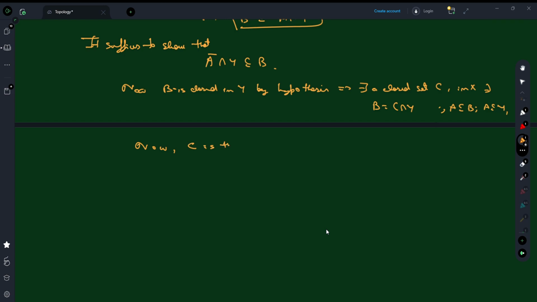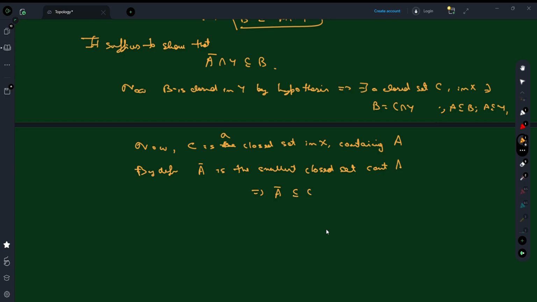Now C is a closed set in X containing A. By definition, the closure of A is the smallest closed set containing A. So the closure of A must be inside C. That readily implies that the closure of A intersection Y must be inside C intersection Y, and C intersection Y is B, right?